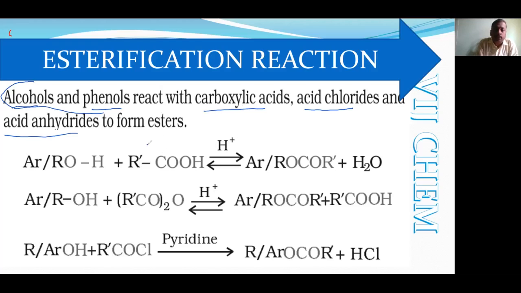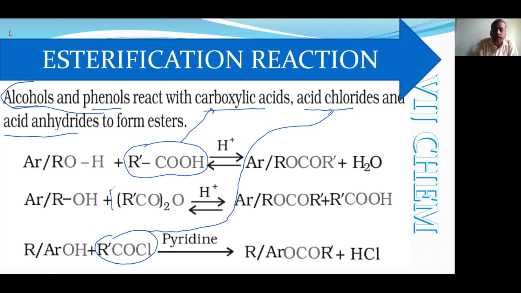If you don't know, don't worry, here everything is clearly written. This is the carboxylic acid, okay? And this is the acid chloride, RCOCl is called an acid chloride, okay? Next, acid anhydride. So this is the acid anhydride. Okay. AR means phenol, RO means alcohol.